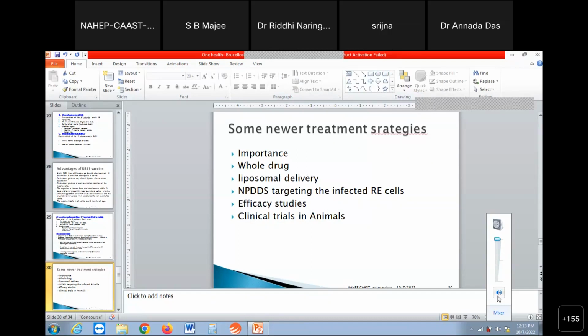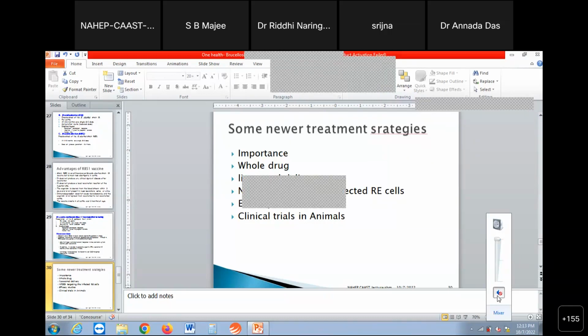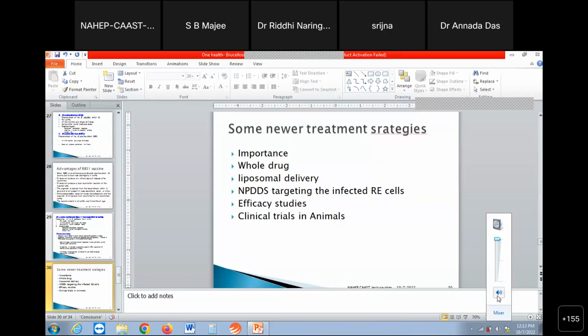Then we have the nanoparticulate drug delivery systems targeting the infected RE cells. This study is going to stay, and a lot of work is being done by many laboratories all over the world, including India. We had some work which we did with tuberculosis, and now Dr. Gandge is also going to do it with NPDDS targeting infected RE cells.